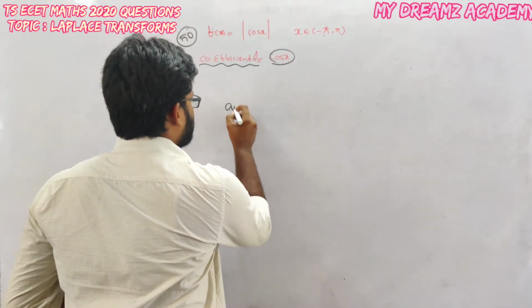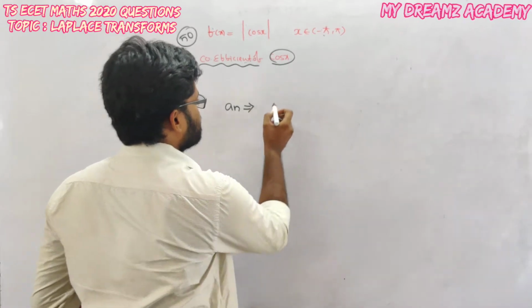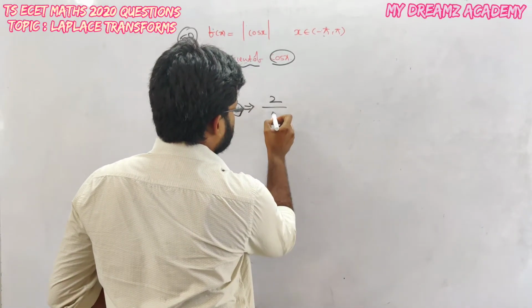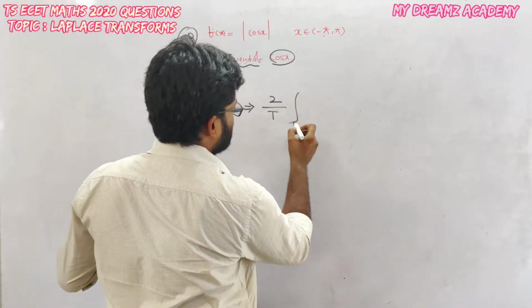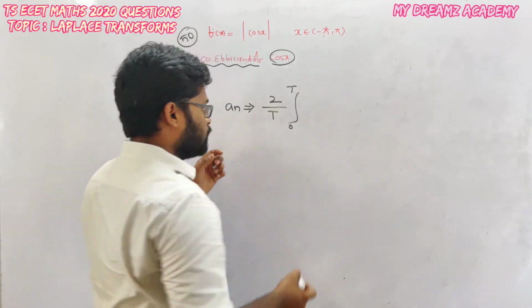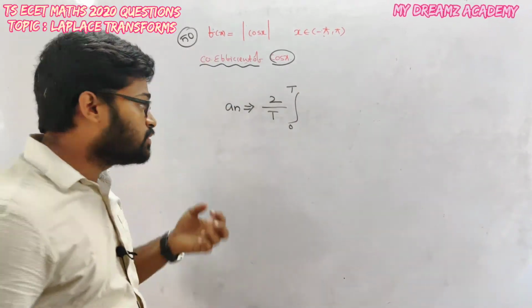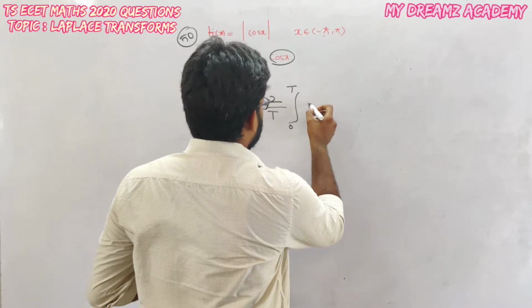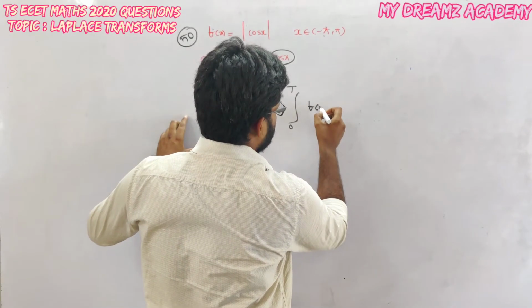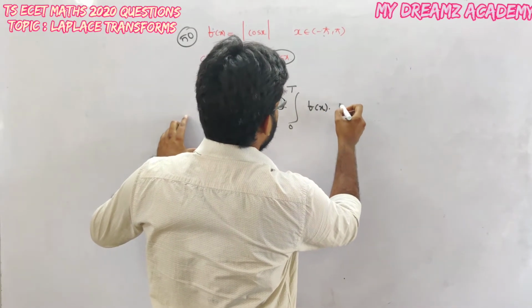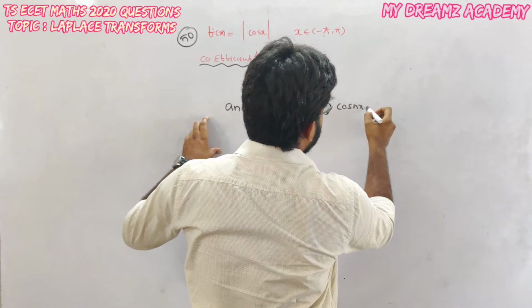What is the formula for an? an is 2 by time period, integration over 0 to time period, of the function f(x) into cos nx dx.